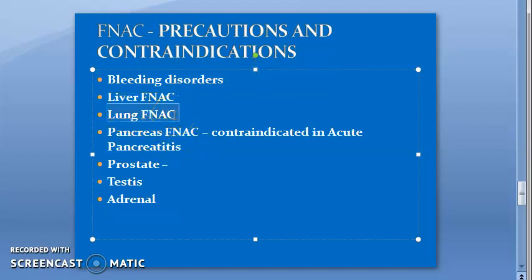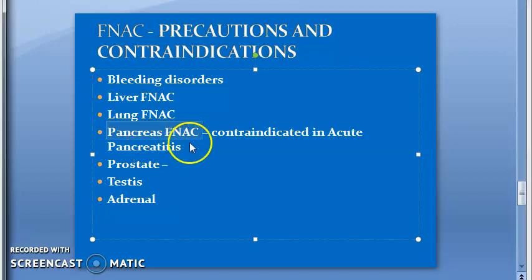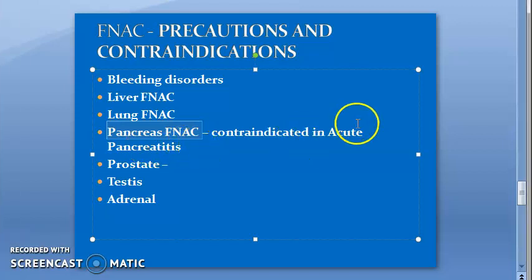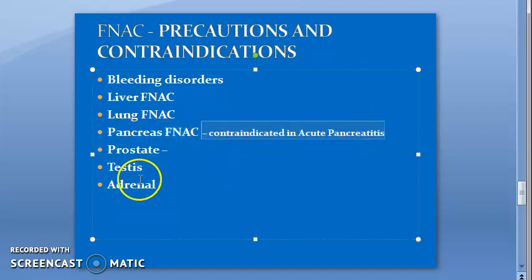Coming to lung FNAC, you should not do it in elderly patients with emphysema or pulmonary hypertension because there is increased risk of pneumothorax and hemoptysis. FNAC of the pancreas is contraindicated in acute pancreatitis because it aggravates the inflammatory process.